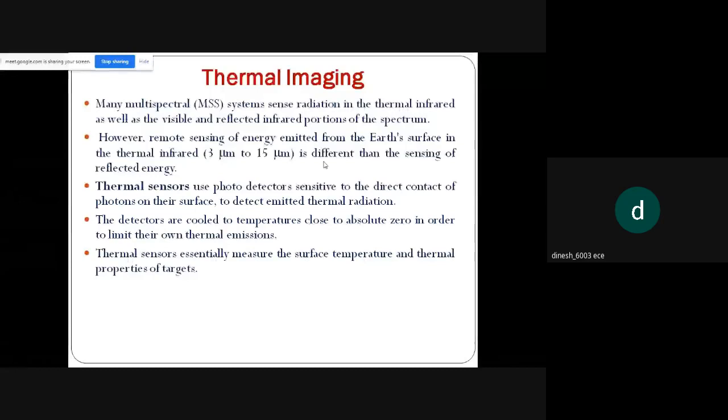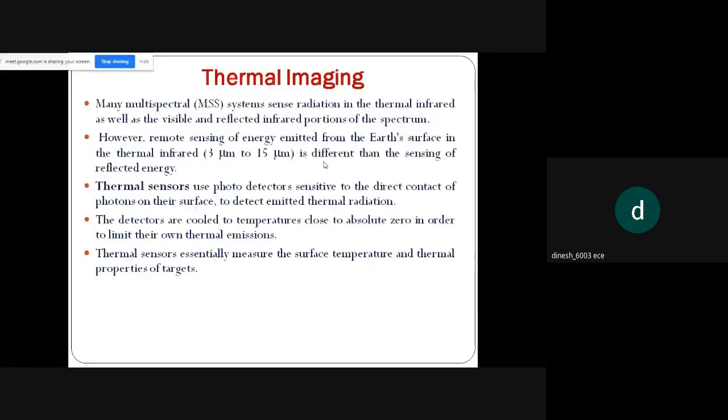The detectors are cooled to temperatures close to absolute zero in order to limit their own thermal emissions. So this cooling is a major disadvantage of thermal imaging, whereas it produces higher efficiency in retrieving the objects on the Earth.